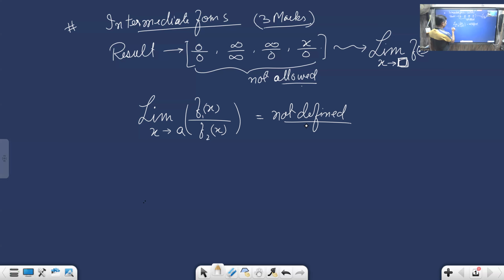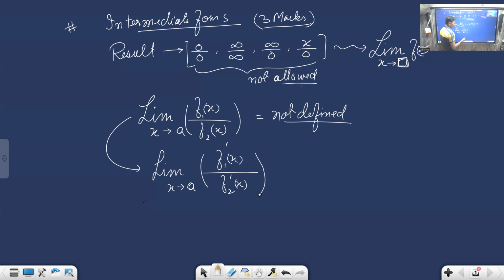We simply put the limits as it is. x tends to a. We will differentiate the numerator and denominator, f1 of x dash, f2 of x dash, just differentiate it and put the data again, x is equal to a, in the numerator and denominator, and you should get your result.